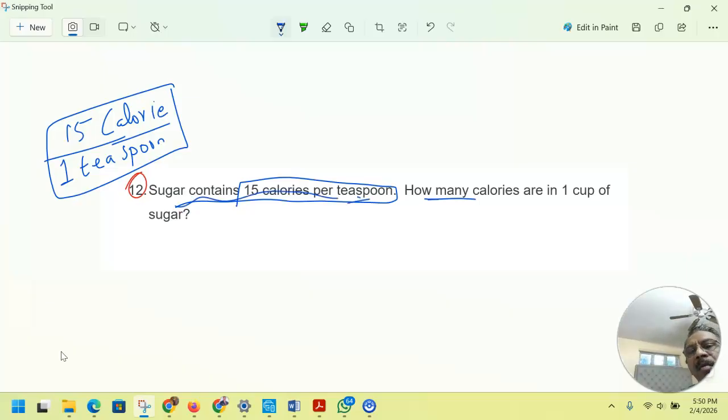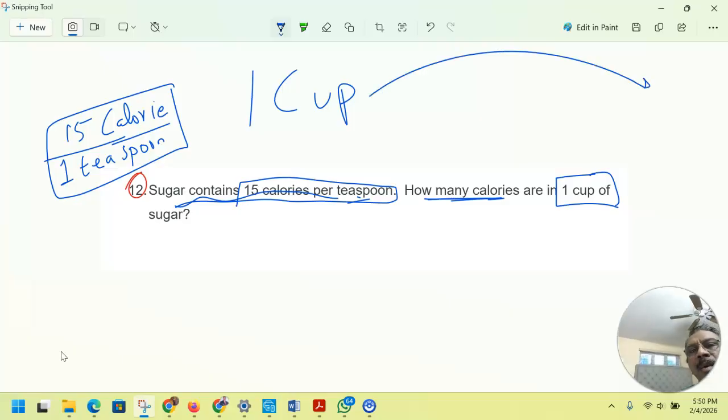And next is how many calories are in 1 cup. So we want to know, converting from 1 cup of sugar, how many calories it contains. That is the question.